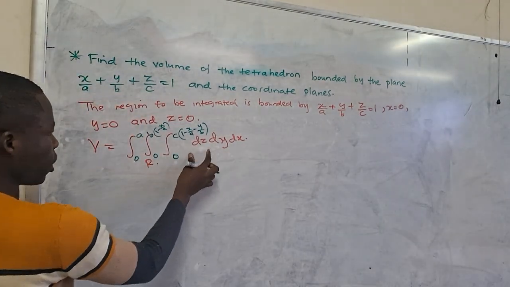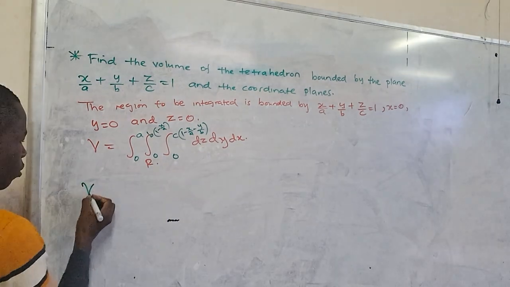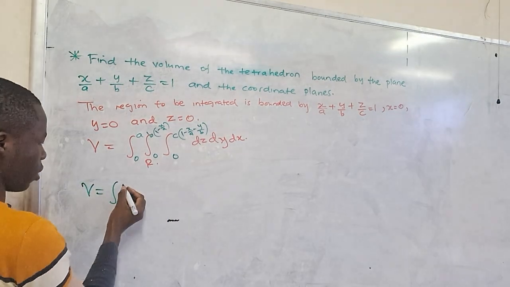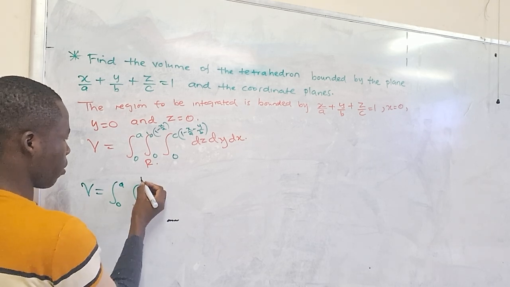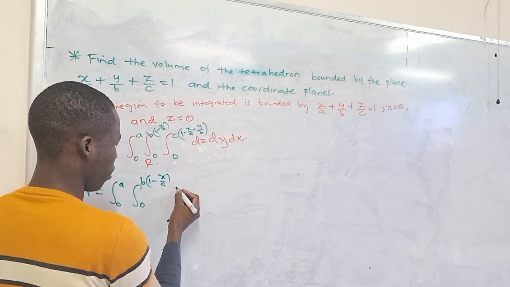We are going to integrate with respect to z first. So V is equal to the integral from 0 up to a, from 0 up to b into 1 minus x by a.